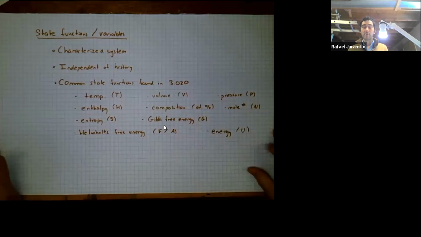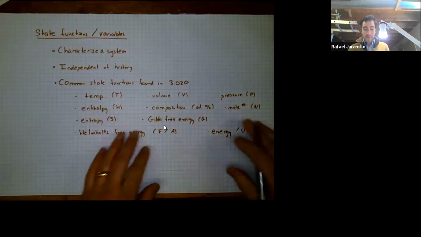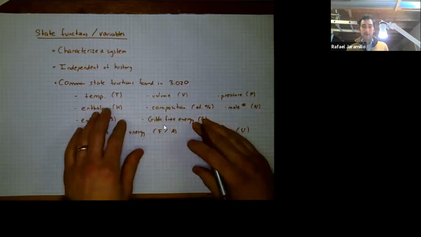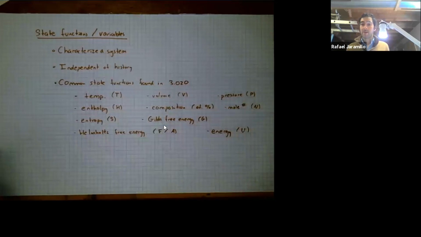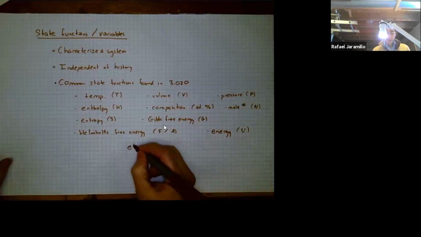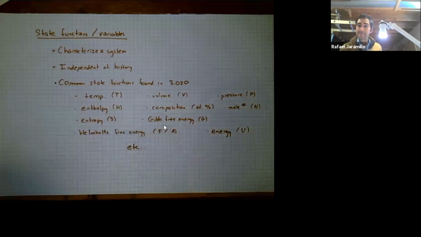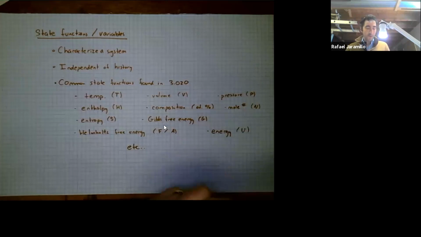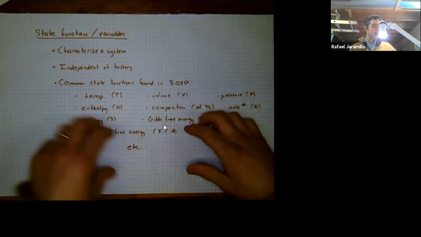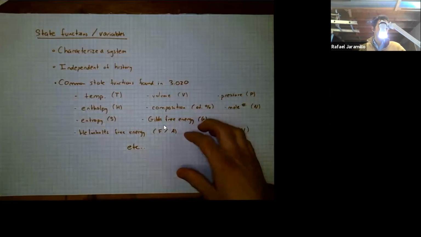But as material scientists, we spend most of our time on Gibbs free energy and enthalpy for reasons that we'll discuss at length in a couple of lectures. Okay, but there are more, like magnetization. Right? Electric polarization. There are many.